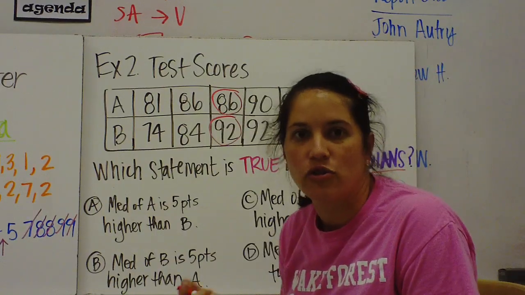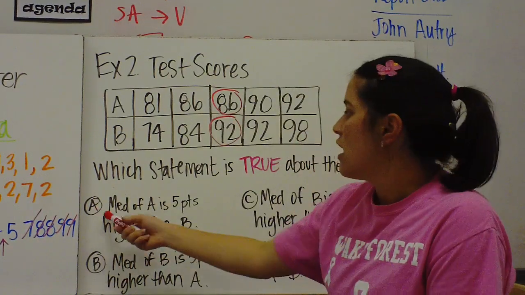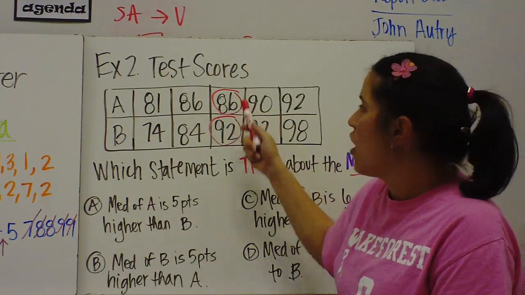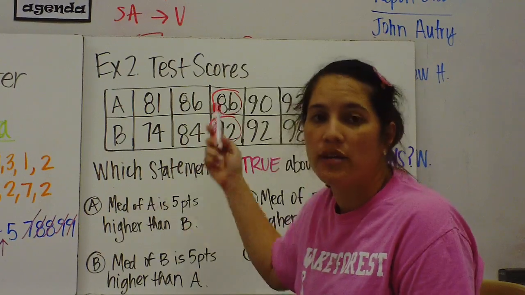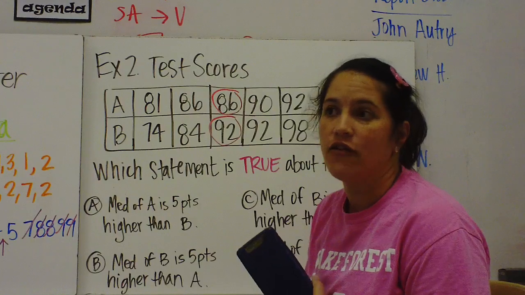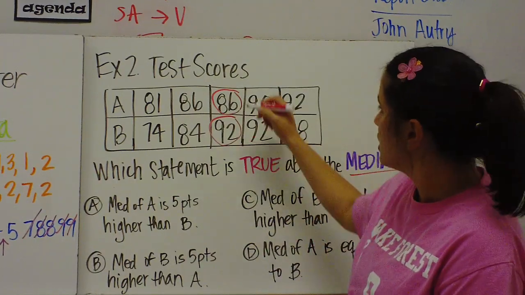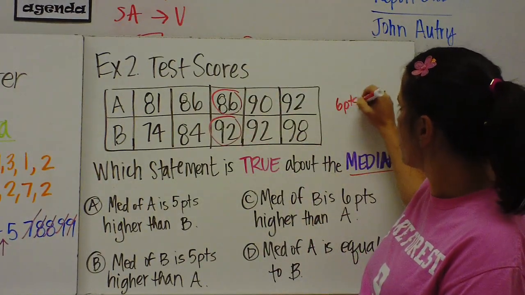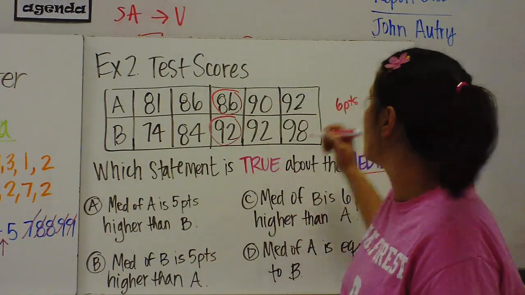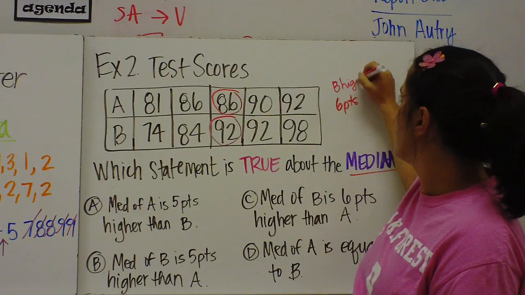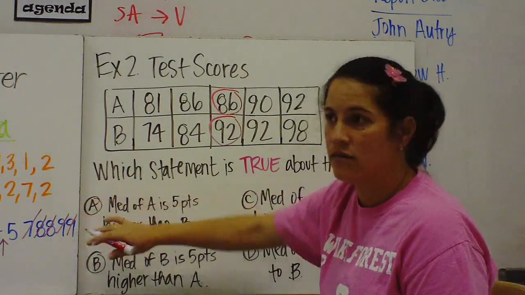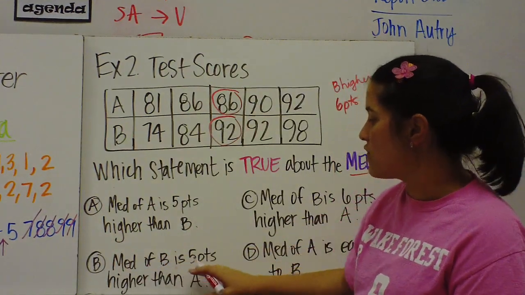So the question says, which statement is true about the median? Let's look. Median of A is 5 points higher than B. What is the difference of points between 86 and 92? You can subtract, and the difference is 6 points. And which one's higher? B is 6 points higher than A. So median of A is 5 points higher, it's not A. Median of B is 5 points higher.